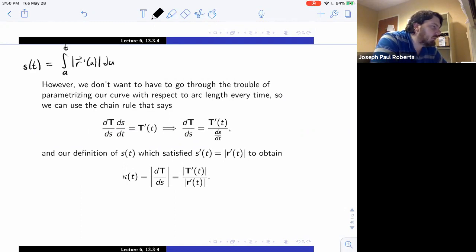I think it depends on which textbook you use. I think our textbook calls this the first part of the fundamental theorem of calculus, that when you define s of t to be an integral of r prime, that means the derivative of s is the length of r prime. So s prime of t, or ds/dt, is the length of r prime of t.